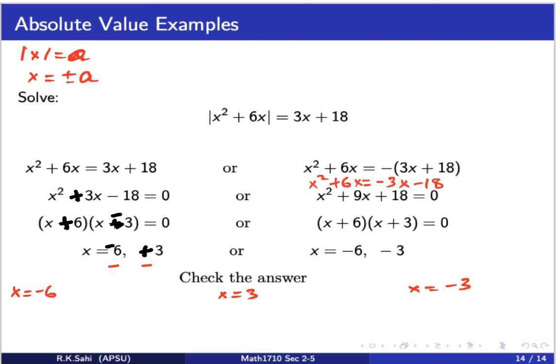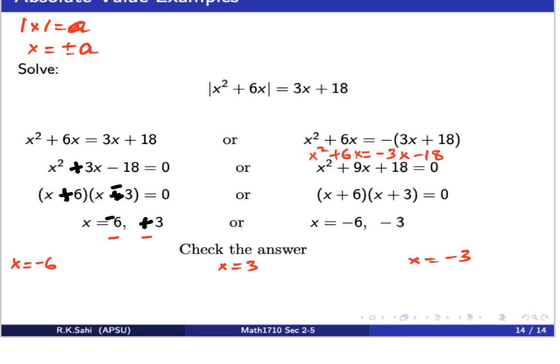Okay, so let's go ahead and check our answers. Now x equals minus 6, what does that mean? Minus 6 the whole square plus 6 times minus 6, closing the absolute value, equals 3 times minus 6 plus 18.